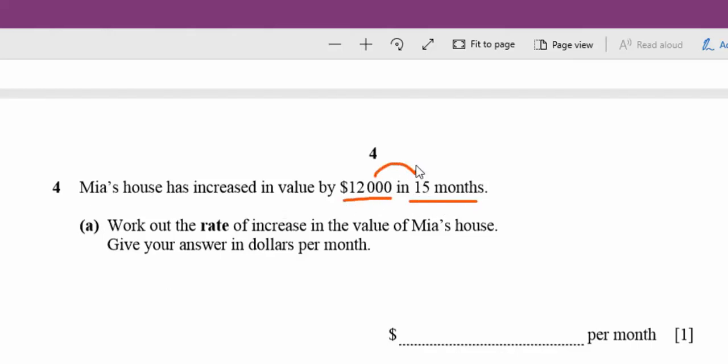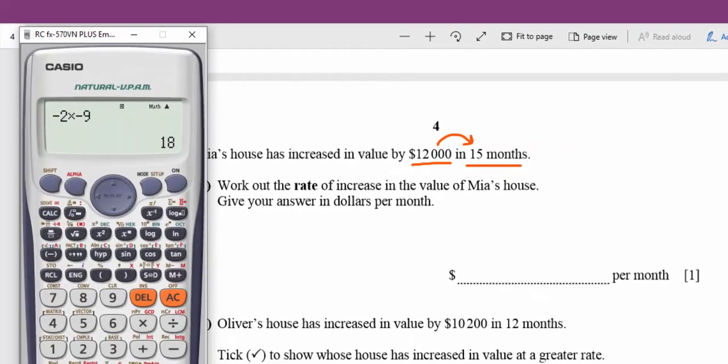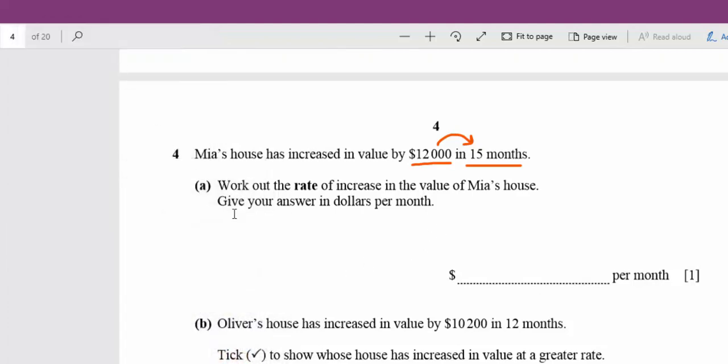So we're going to divide 12,000 by 15. Let's get how many dollars each month will take. 12,000 divided by 15 is equal to 800. So the rate is $800 per month.